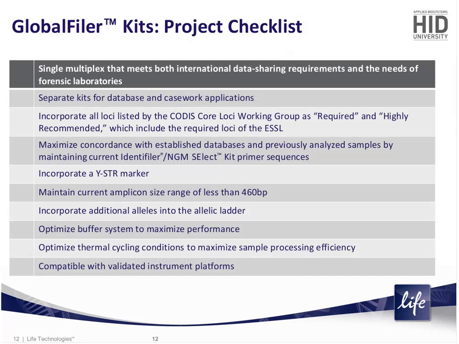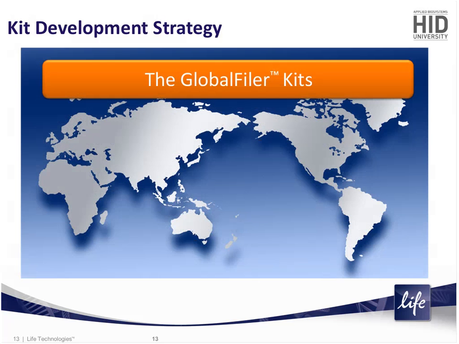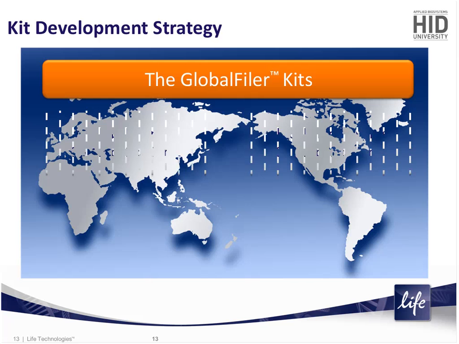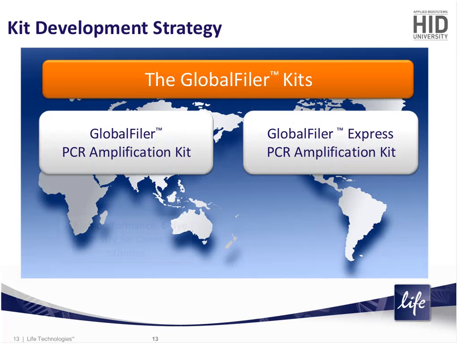And first on the list is to produce separate kits for database and casework applications. So very much in line with the development strategy that we've taken over the last few years, the GlobalFiler Kits is a suite of chemistries designed to meet the needs of all the applications within the forensic laboratory.